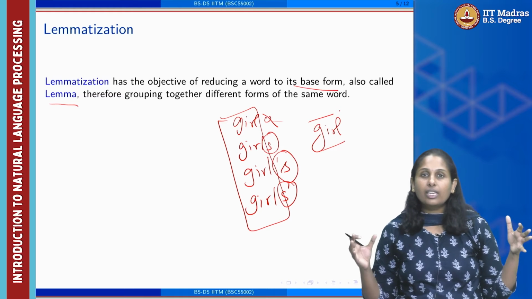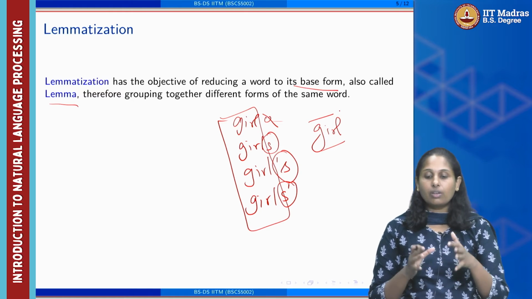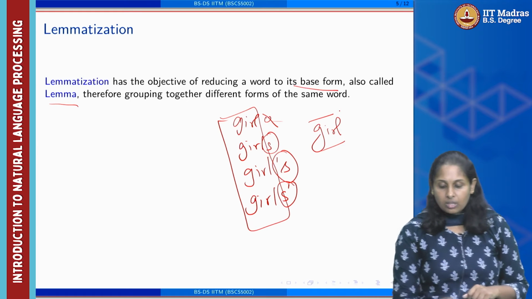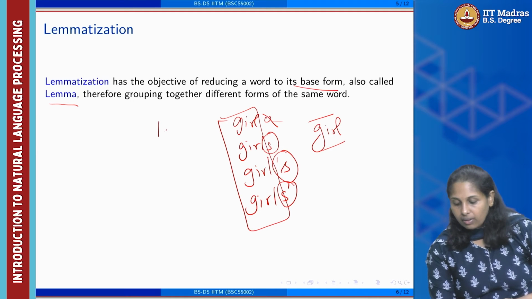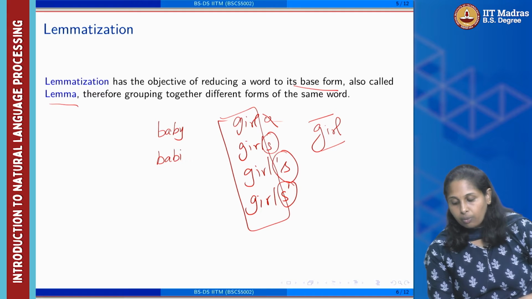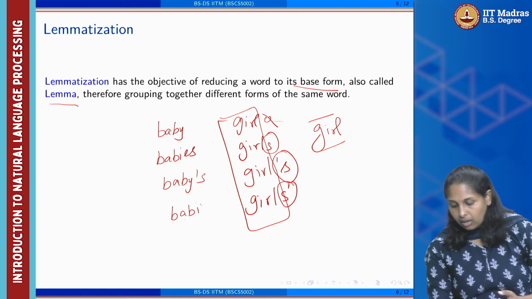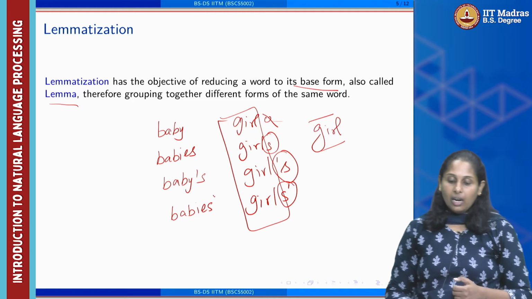So, we are trying to group together different forms of the same word and find out what the lemma would be. Similarly, if I take a word like baby, baby can have babies as a plural, baby's as a possessive form, babies' teeth kind of thing, and babies' can also be plural.